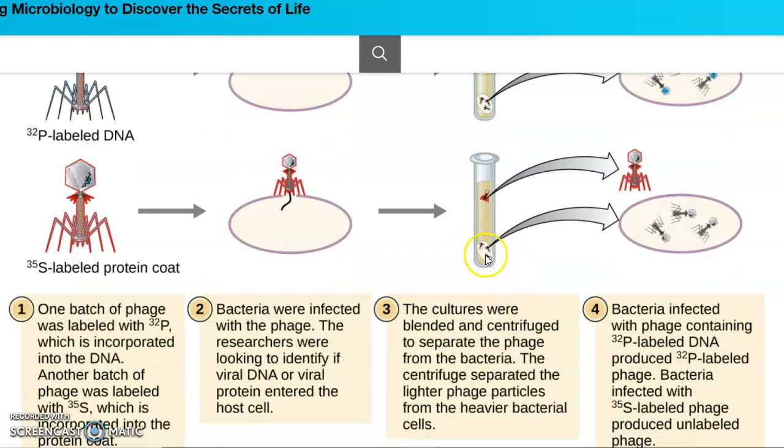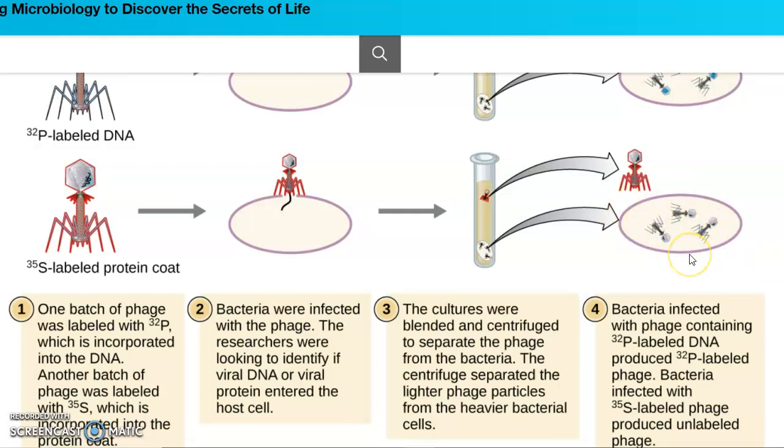The bacteria is heavier, so it settles to the bottom. And what they found when they looked at the bacteria is that the bacteria infected with the phage containing the radioactively labeled DNA produced radioactive phages. But the phages that had the sulfur on the protein did not produce any labeling.